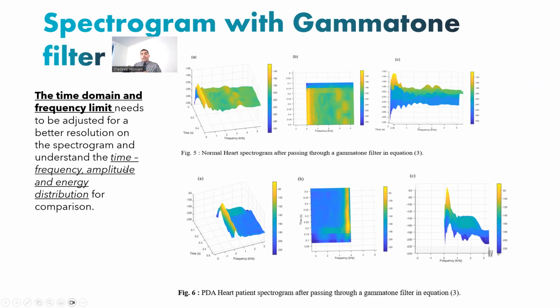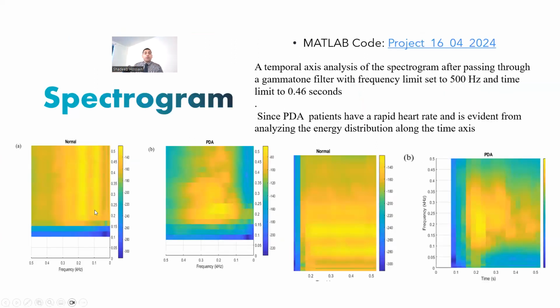If you analyze over a longer period of time, it becomes very difficult to identify the most significant features. So we truncate it again to 0.46 seconds to get a more visual representation of how the energy distribution, frequencies, and amplitude are changing as a function of time.